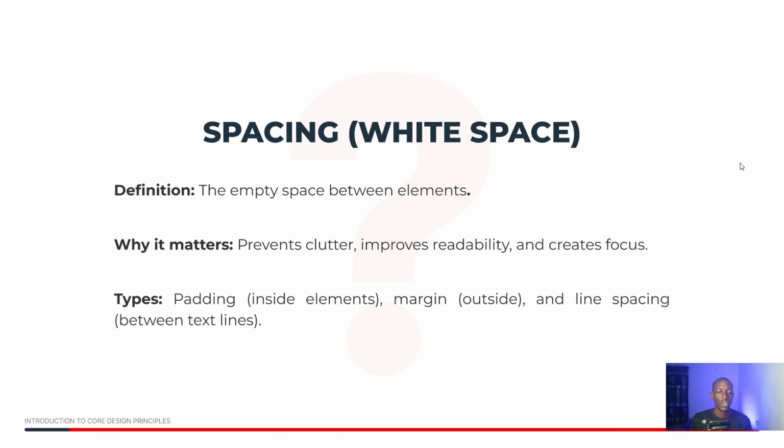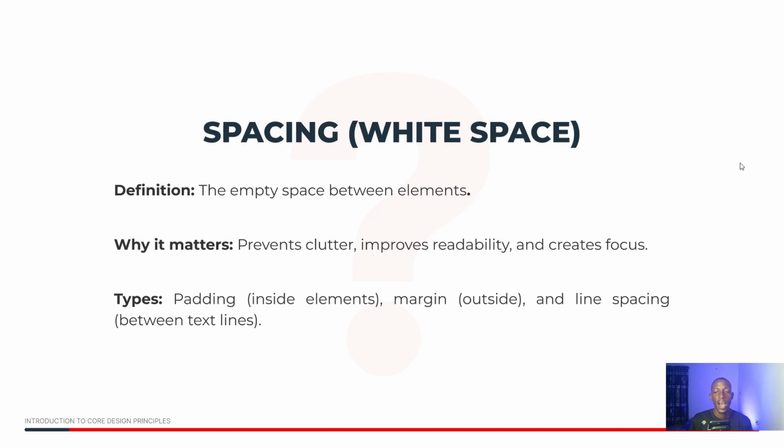How do you achieve this, or what are the types of this spacing? We have padding. Padding is inside an element. I'll show us an illustration to clearly define this. So padding is the space inside an element, and then margin is the space outside an element, the space in between.